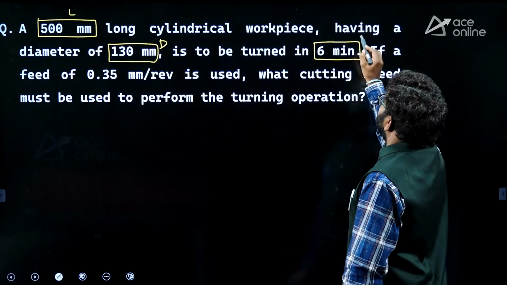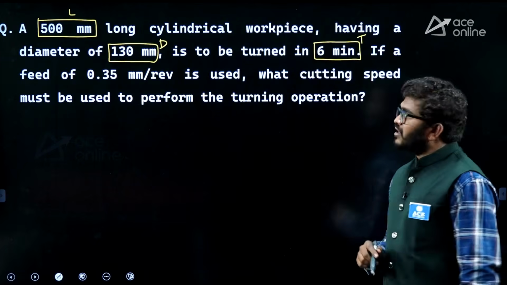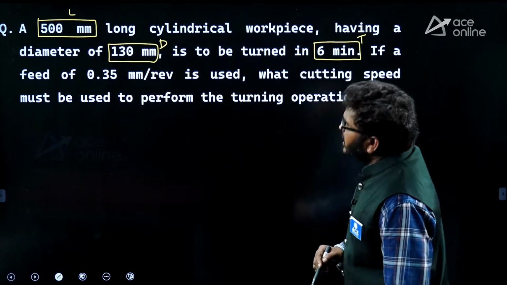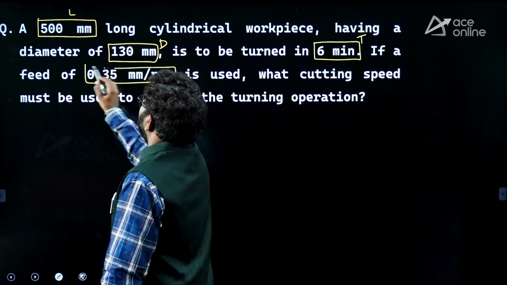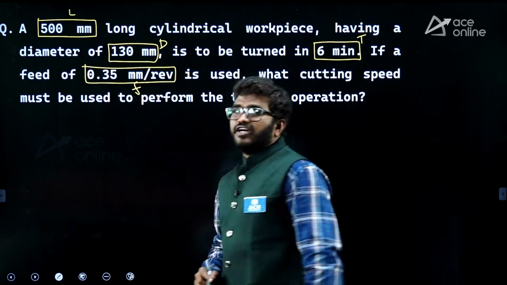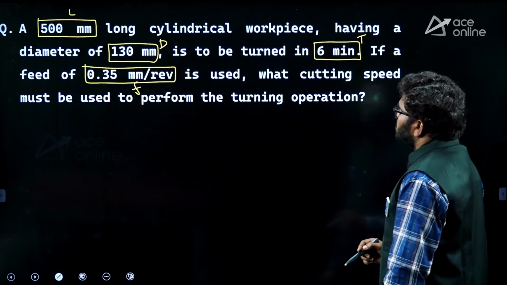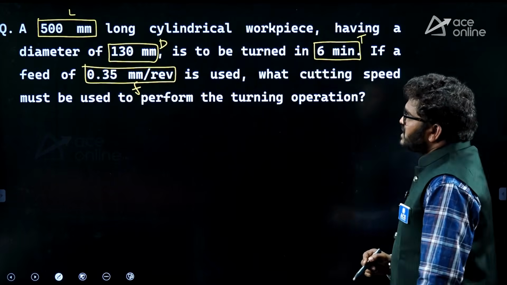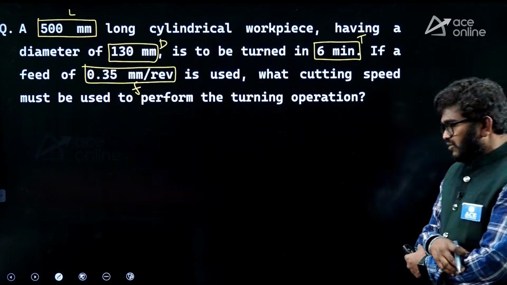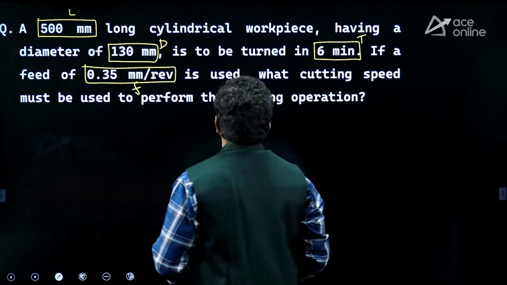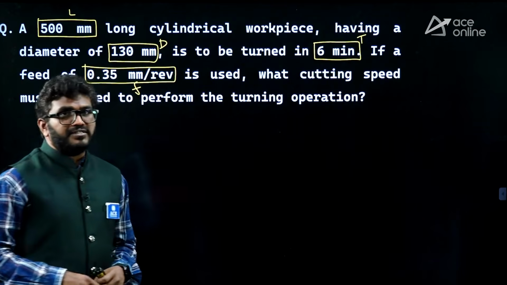If a feed of 0.35 mm per revolution is used, what cutting speed must be used to perform the turning operation?